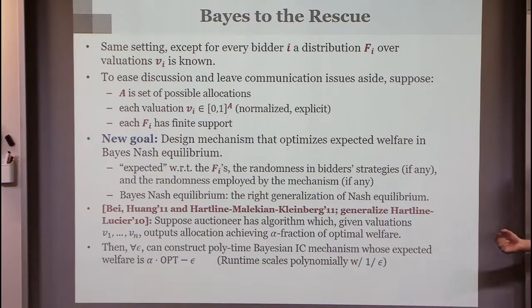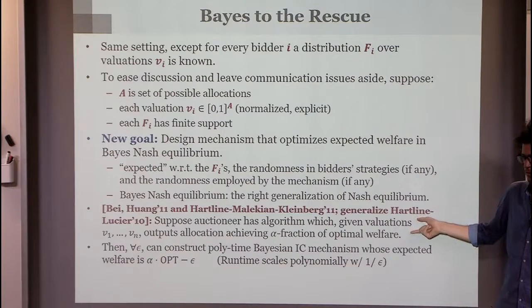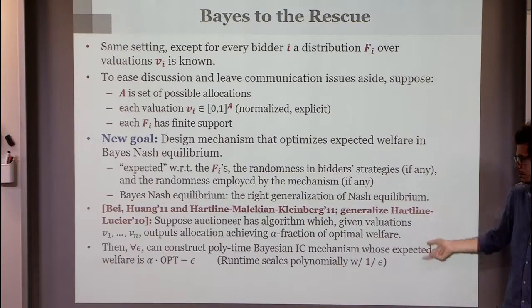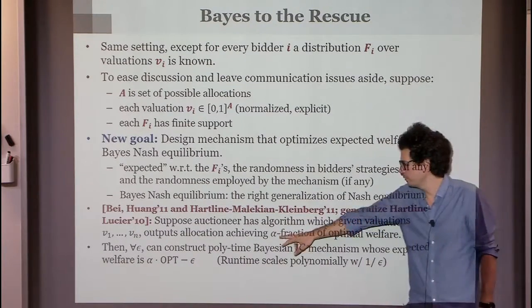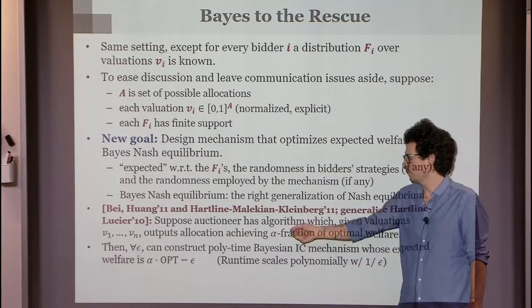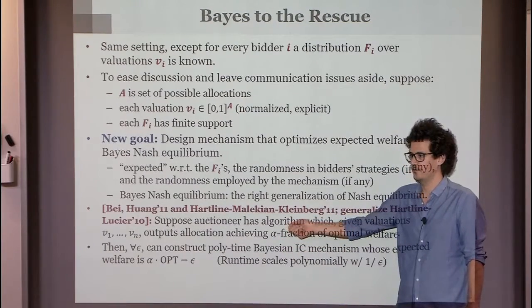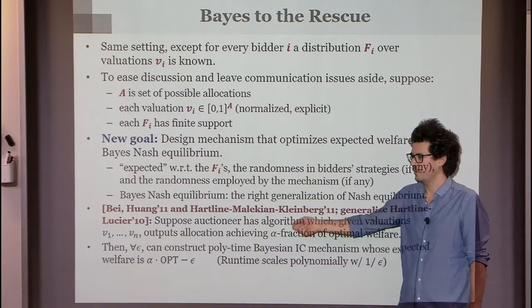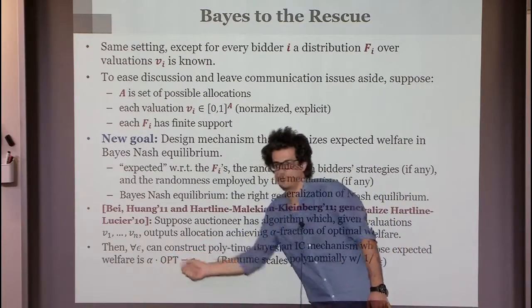So this is a result that converts an algorithm that works in the incentive-free world to an algorithm that's robust to incentives, and is approximation preserving. Namely, if your algorithm gets, say, a half of the optimal welfare without incentives, you're going to get the same fraction with incentives.